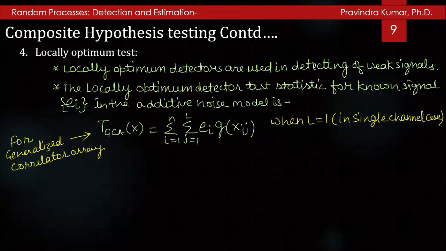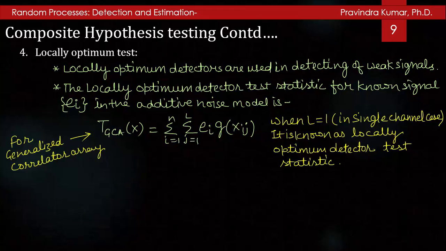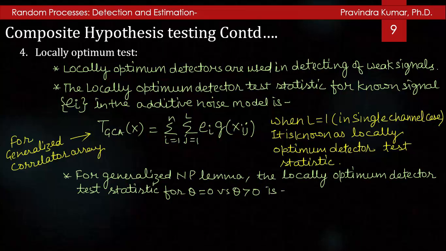So when L is equal to 1, a single channel case, it is known as the locally optimum detector test statistic. For the general NP detector, the locally optimum detector test statistic for theta equal to 0 versus theta greater than 0 is phi 0x when theta is equal to 0 divided by phi 0x.